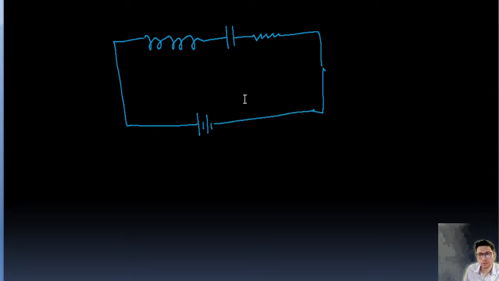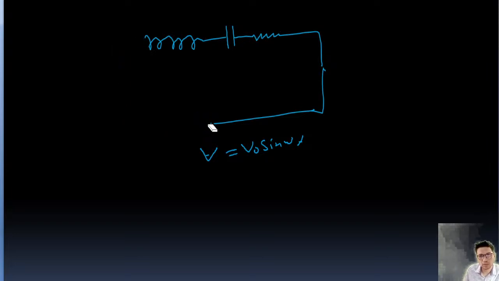Voltage is given, that V equal to V naught sine omega t. So this is the AC source, guys. This is the figure.